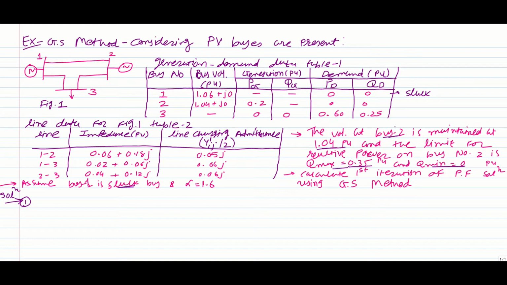That means bus number 2 is a generator bus, or we can say PV bus or voltage control bus. Yes, we have already discussed in the theory that on a generator bus the reactive power limit or voltage is specified. So from this data we come to know that bus number 2 is a PV bus.